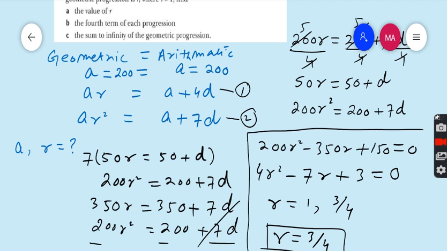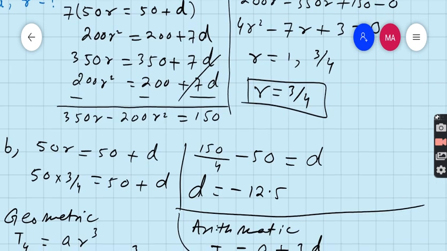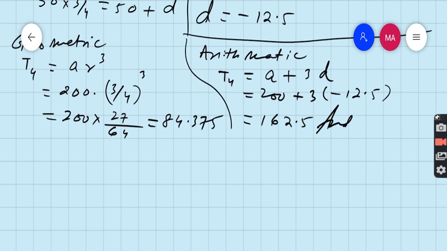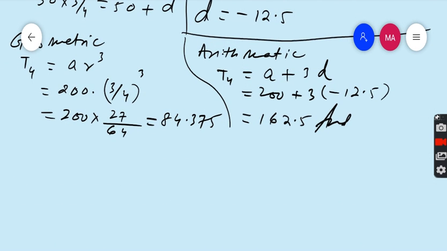Find part C. Find the sum to infinity of the geometric progression. Very easy. Part C. The formula of sum to infinity is S infinity is equal to a upon 1 minus r.